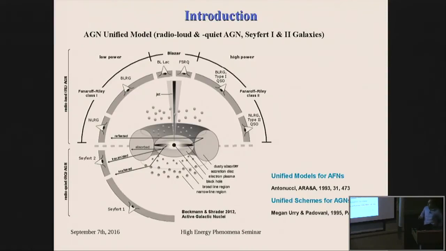In Seyfert 2, we don't have any view to the central region, and the central region is blocked by a dusty torus around the supermassive black hole. This unified model was developed nearly two decades ago.